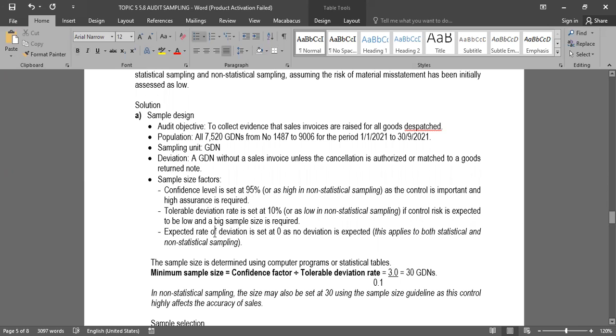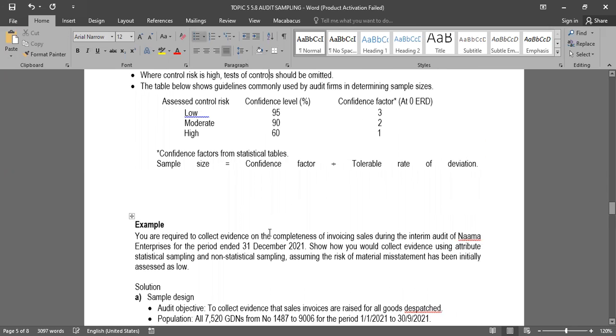The confidence factor comes from the table, like I've just shown you here. If it's at 95, then the factor is 3. If it's at 90, then the factor is 2. At a 0 expected rate of deviation, I want to emphasize this part. That's how we end up having these factors. If it is 1, these factors always change.